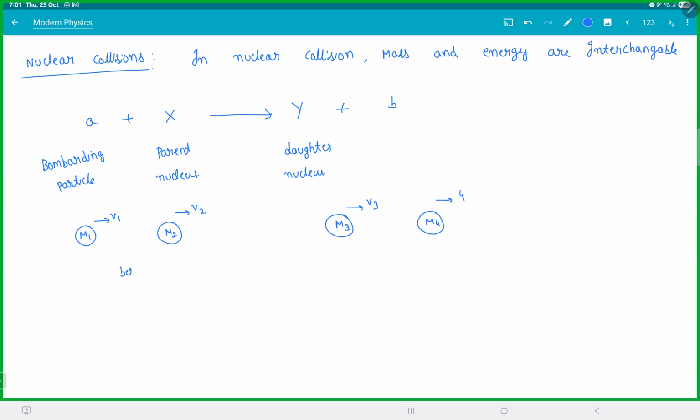So this is before collision, and this is after collision. So in nuclear collisions, you can conserve linear momentum.